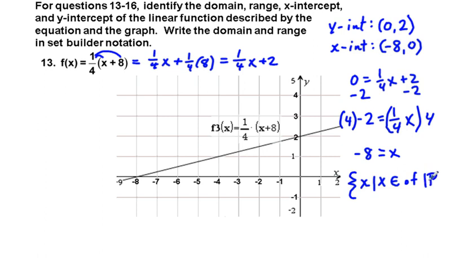I'm going to write this script R here. And that's going to be our domain.